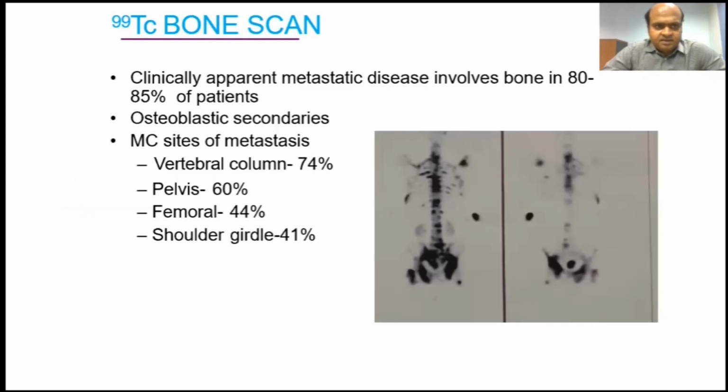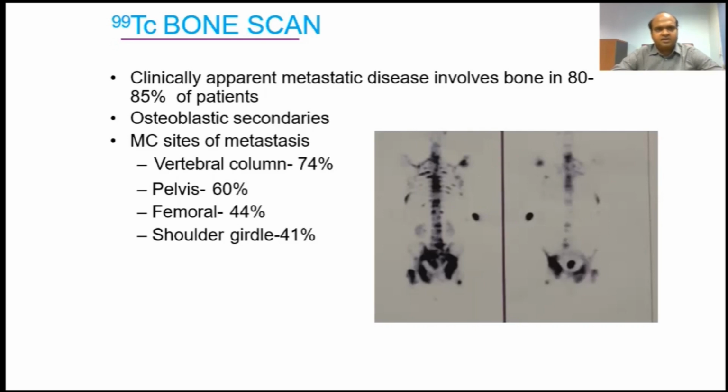As I said, the technetium-99 bone scan is one of the most important investigations, and it is the standard of care, the recommended imaging for evaluation of bone metastasis in the setting of prostate cancer. As you know, the most common site of metastasis, in approximately 80 to 85% of patients with prostate cancer, is bone.